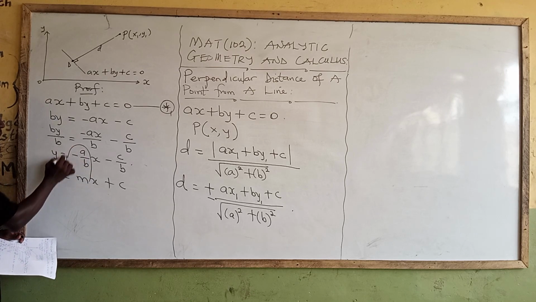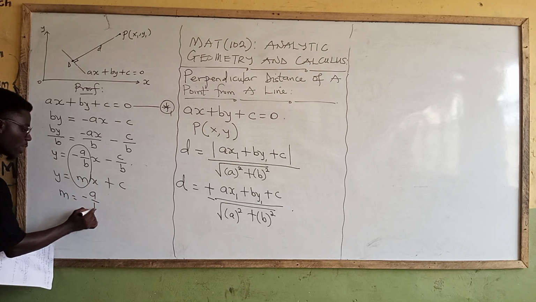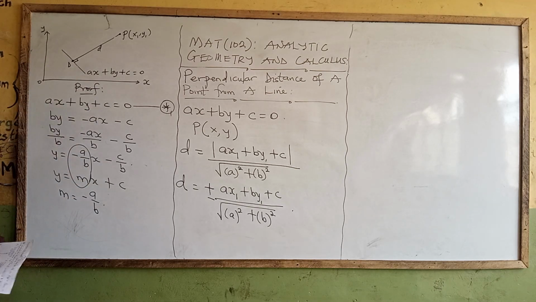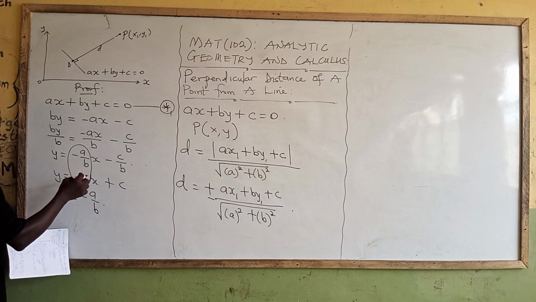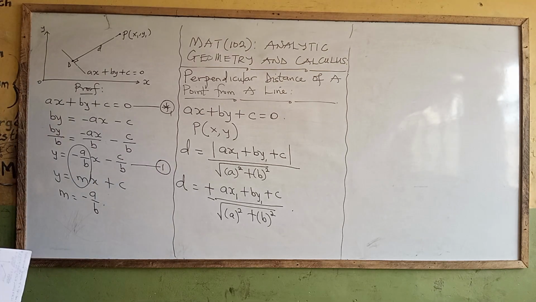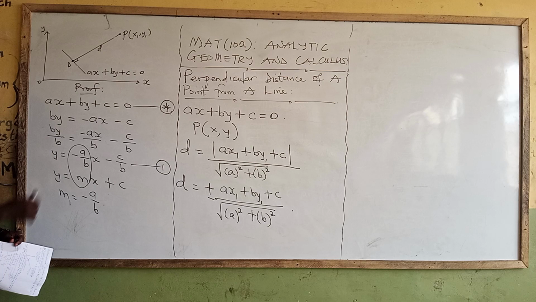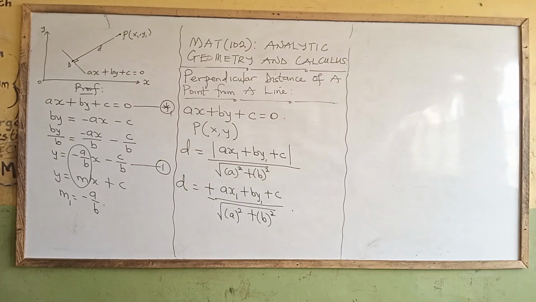So I can say that the gradient m equals negative a over b, which is the gradient of this line. So we can label that as what? Equation 1. You can label that as equation 1 here. So this is my gradient m1. So kindly watch it carefully.